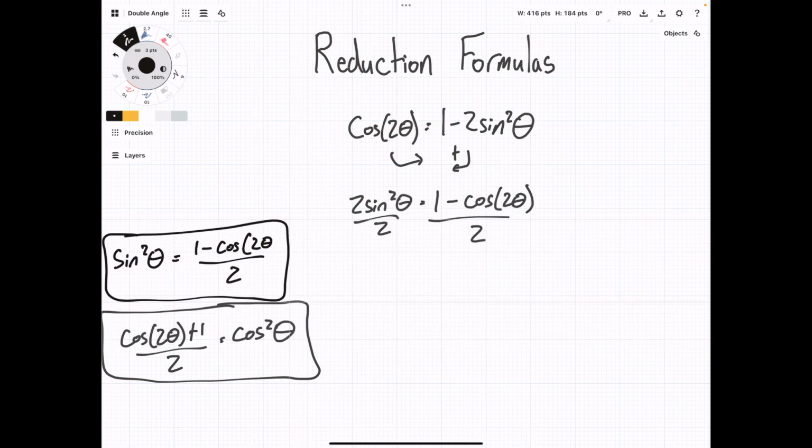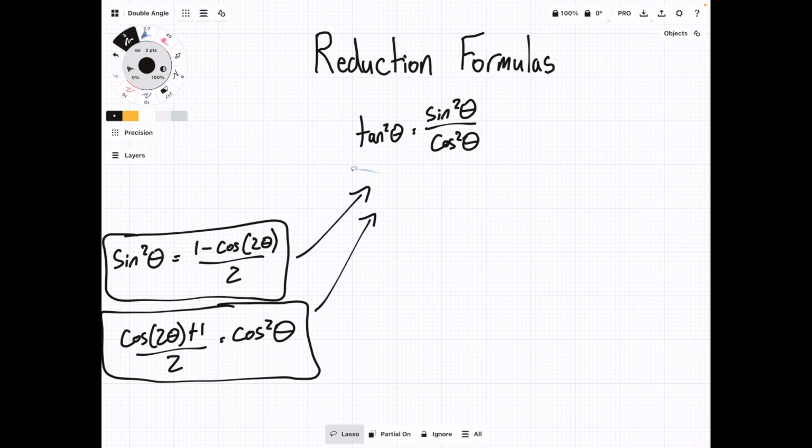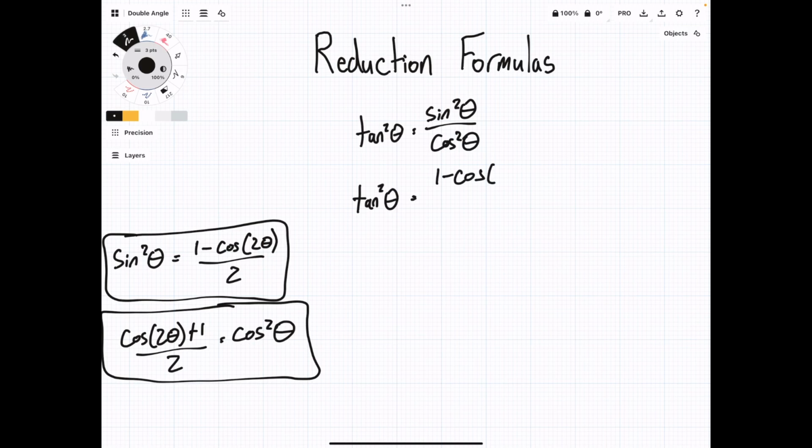There's also a reduction formula for tangent. We can get to this one just by knowing that tan squared theta is equal to sine squared theta over cosine squared theta. So here we're just going to take the two things that we figured out over here and plug them in. So we'll have tan squared theta equals 1 minus cosine of 2 theta over 2, all over cosine of 2 theta plus 1 over 2.